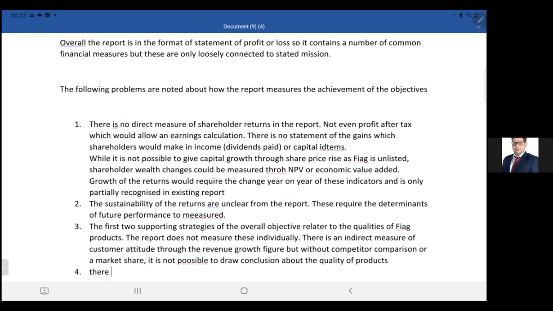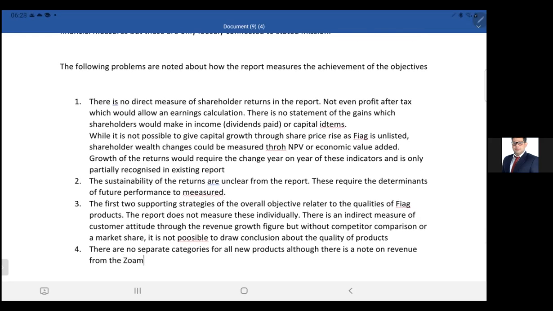There are no separate categories for all new products, although there is a note on revenue from the Zoom.